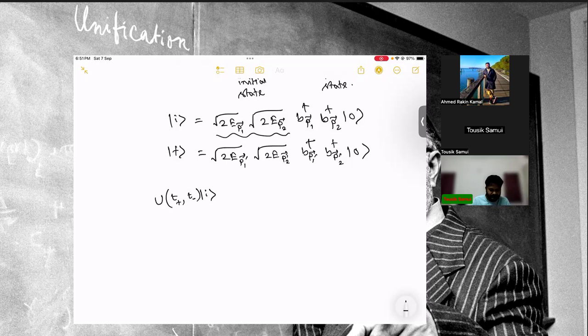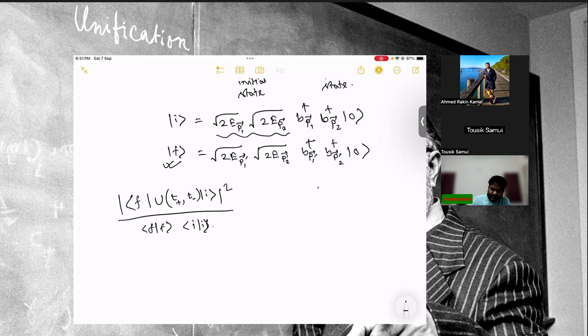And then if we want to find the probability of this state being in the state f, what we have to do is basically do this and take the mod square, with suitable normalization factors. So that is what we are interested in.